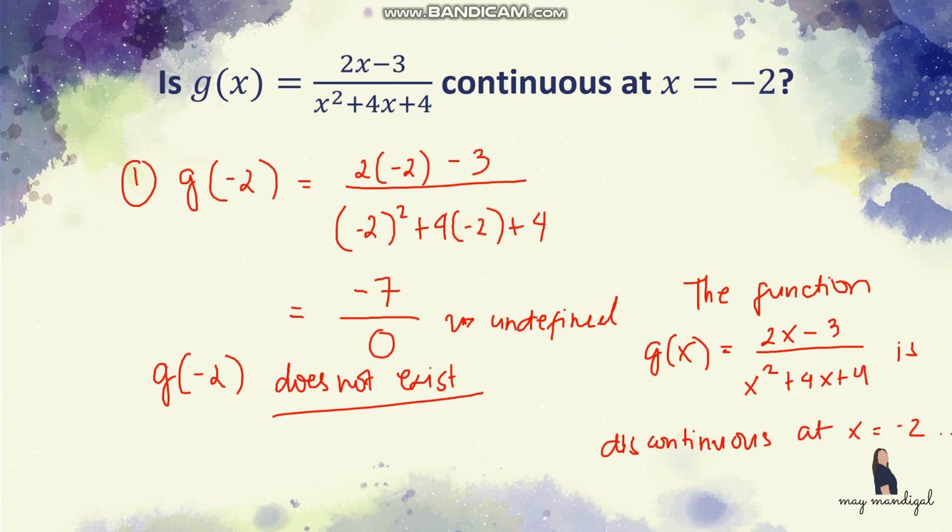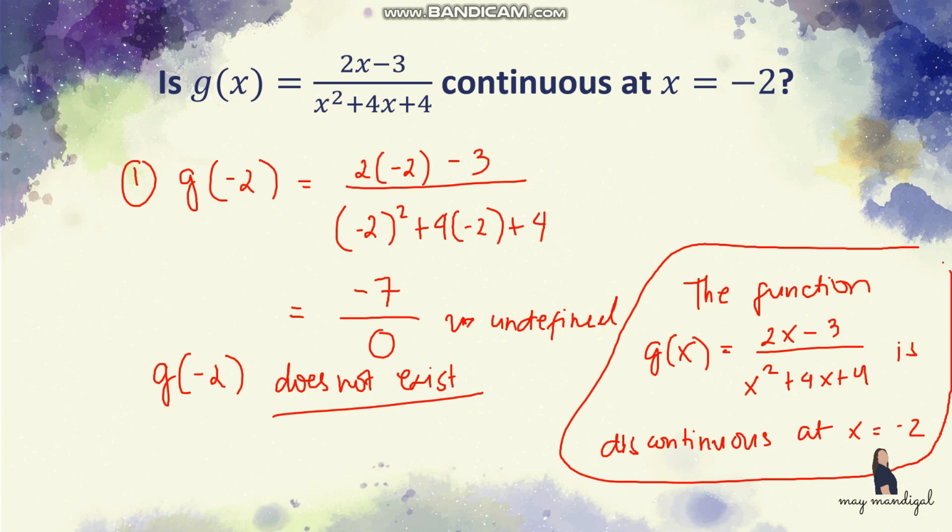Although you can also say the function g of x is not continuous at x equals negative 2. Okay, so this will be our conclusion, since the function failed to satisfy the first condition.